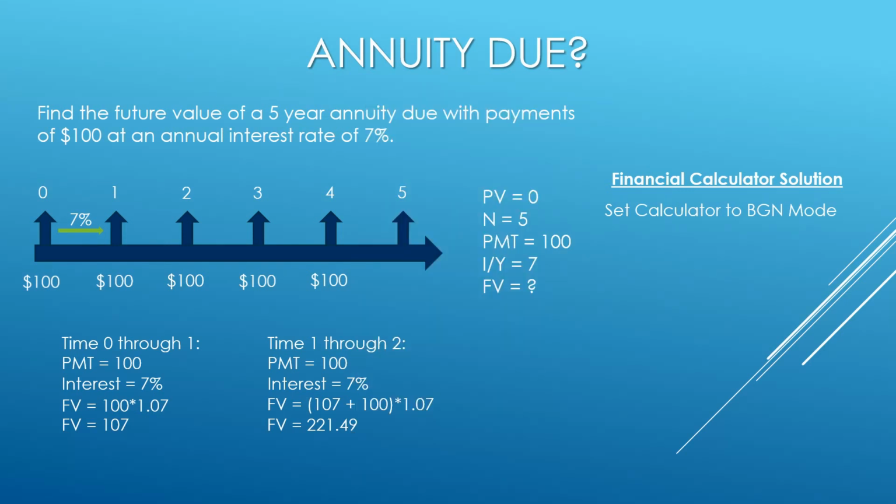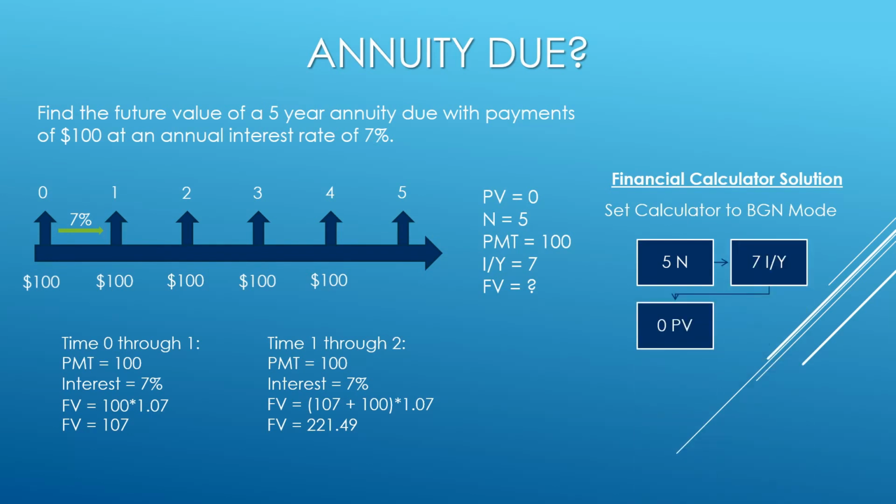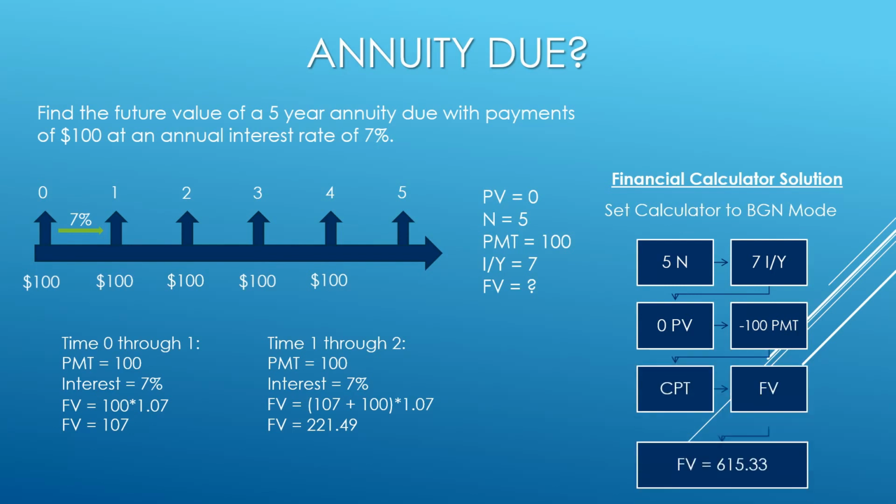Let's now type our data in from the question. 5 N, 7 I/Y, 0 for your present value, negative 100 for your payments. And lastly, compute future value to find the value at t equals 5 of $615.33.